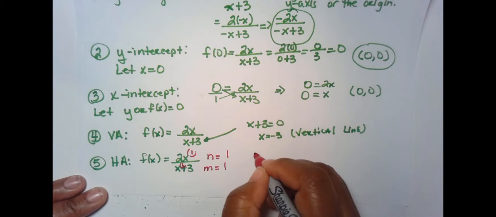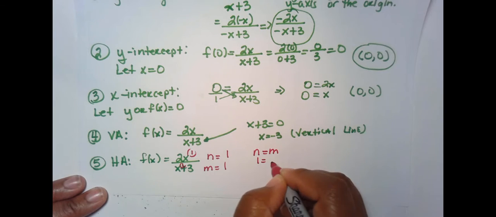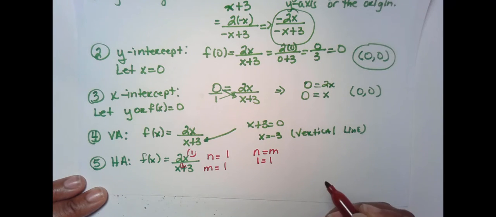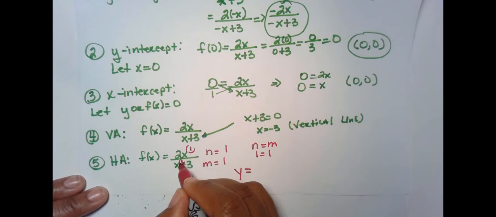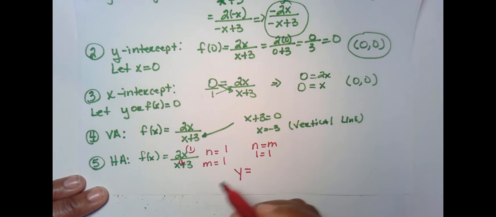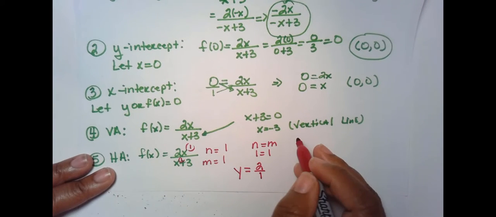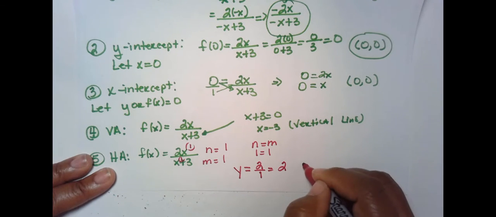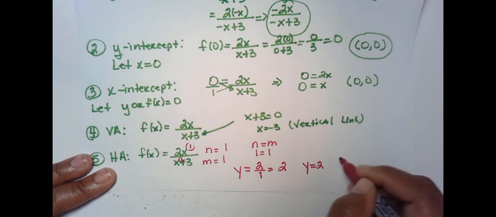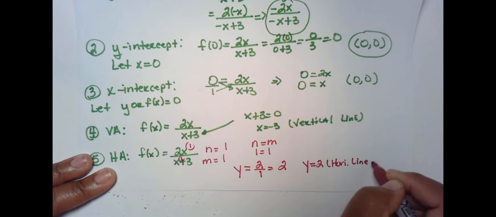So since n and m are equal to each other, we have y is equal to the coefficient of 2x over the coefficient of x. So y is equal to 2 over 1, which is 2. So we have y is equal to 2, this being a horizontal line.